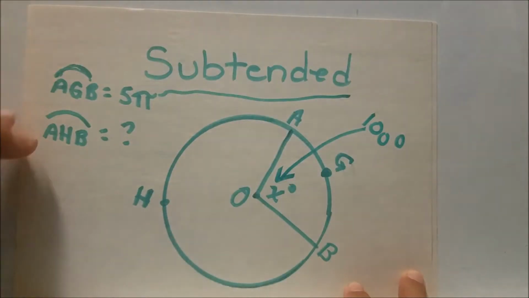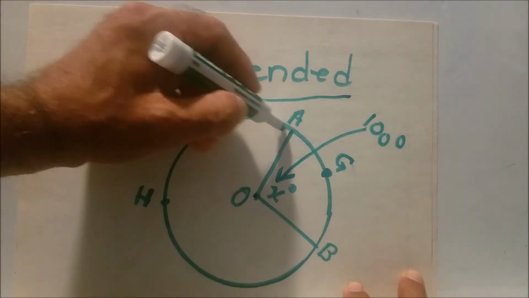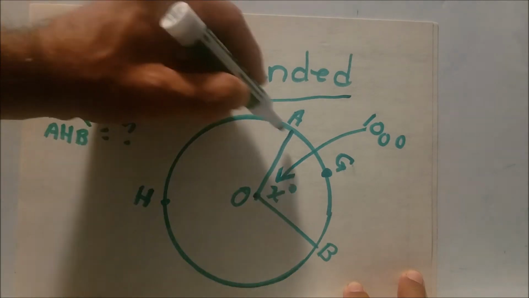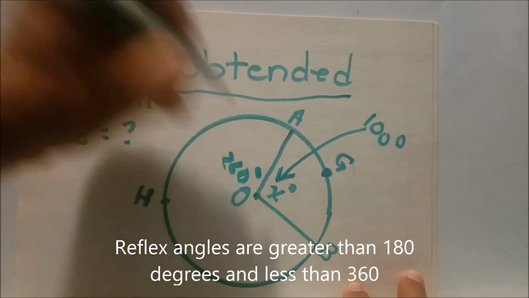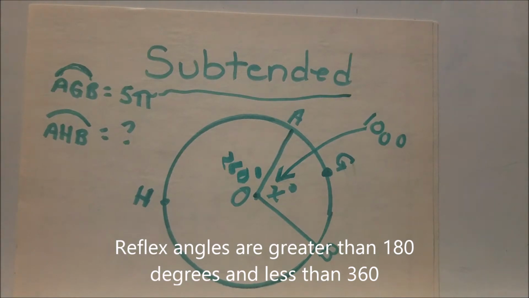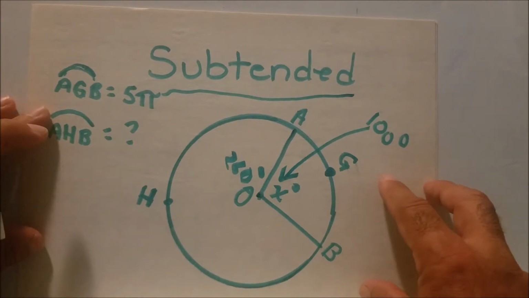So now we know that this angle here, angle O, which is a reflex angle greater than 180, has to be 260 degrees because a circle is 360. So we have that already, and now all we have to do is make a proportion. Proportions can solve a lot of problems.